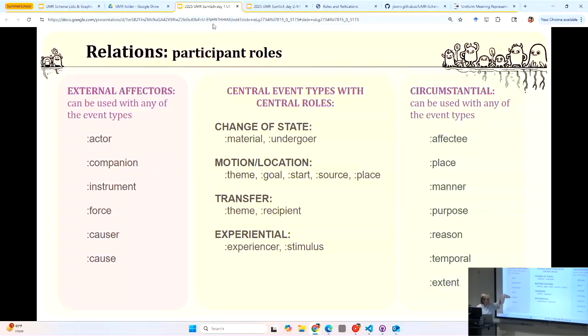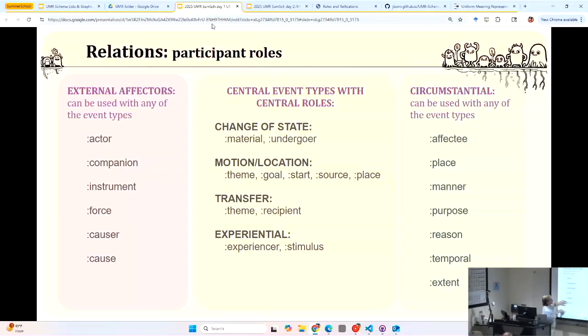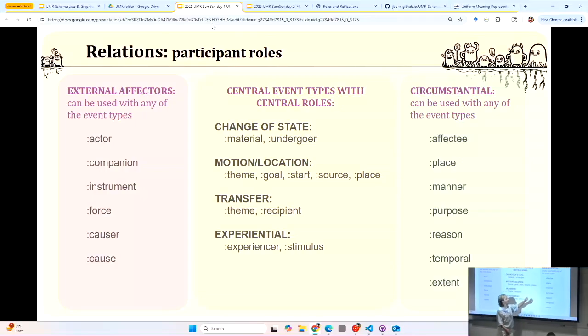Okay, I'm just going to note that this slide exists. This is a chart that is also in the guidelines, but it's really confusing and hard to read there because of the way the table is formed. Basically, it spells out that these are really central participants, central to any event that they're a part of, and these are circumstantial arguments, much less central to any event that they're a part of. Sometimes these can actually be pretty central. Also, different kinds of participant roles tend to go with certain kinds of events.